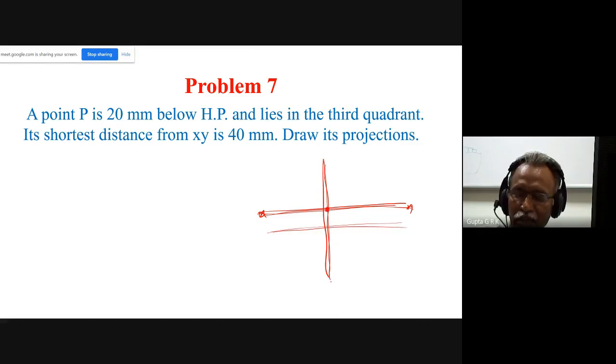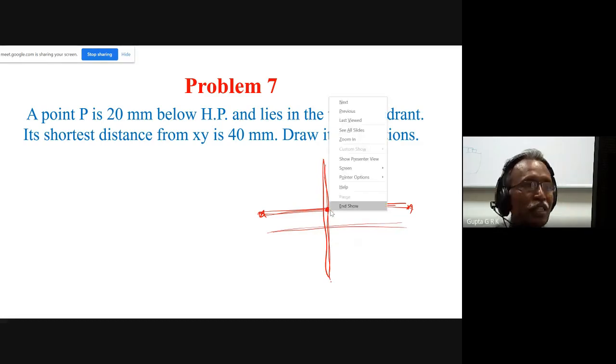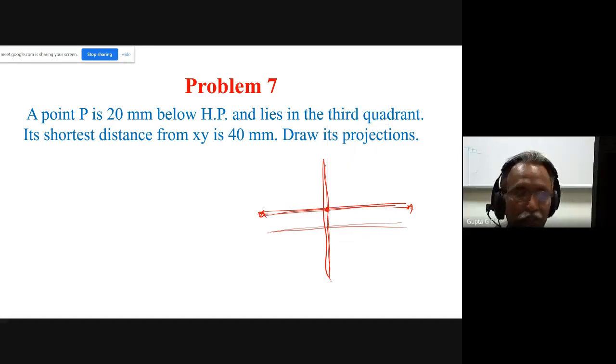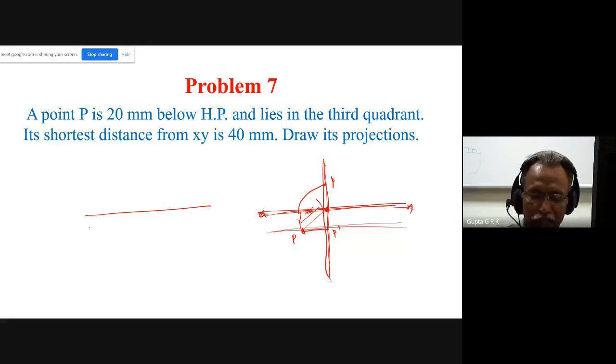XY is a point intersecting both the planes, so I have to cut with 40 mm here from this origin. This is the physical point P. And so this becomes P dash, and P comes here. So I have to draw separately. First you have to draw like that, and then you draw XY, draw the projectors, and P dash.